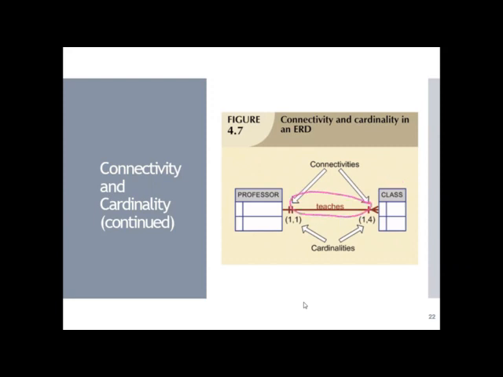This shows the connectivity, and this shows the cardinality. Entity professor to entity class, the connectivity is teaches, and then the cardinality is professor 1-1, and class 1-4.